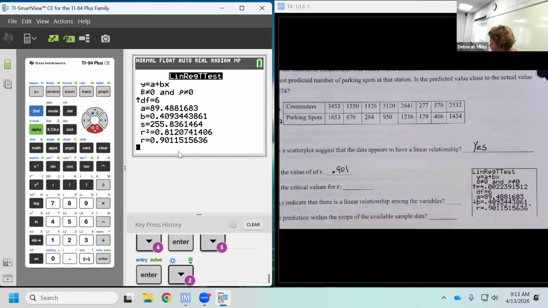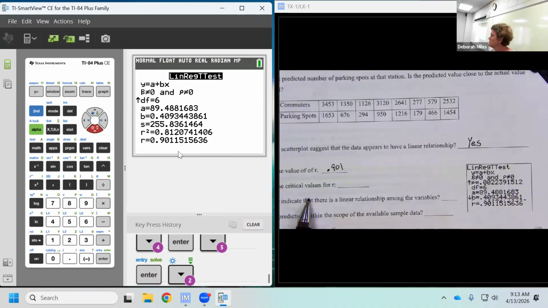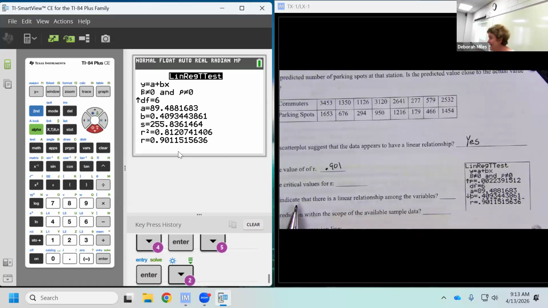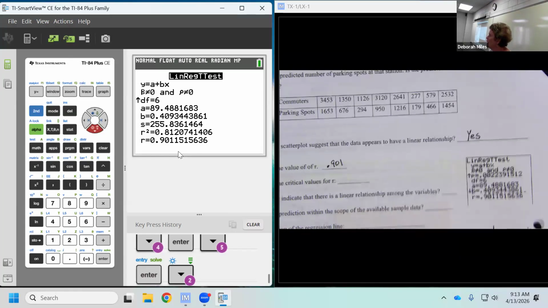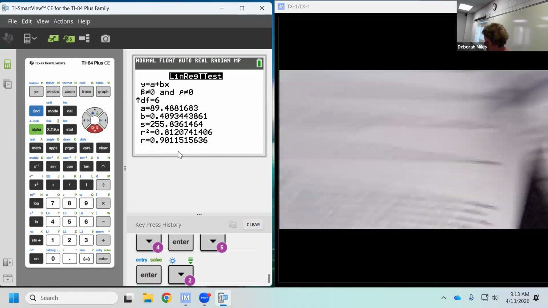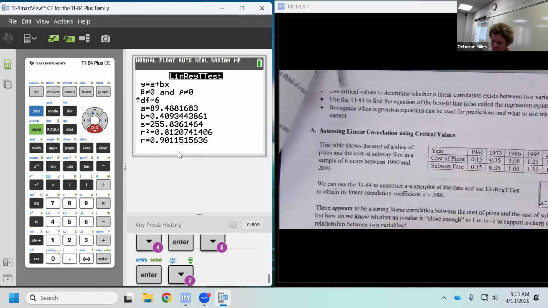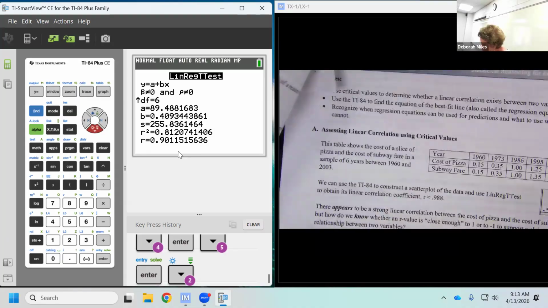Now, where am I going to get those critical values? Miss Lily, where are you looking? You flipped backwards in your notes, and I was going to say, yeah, that's right. Where do you get those critical values for R? Let me highlight that in case you need it for your homework.